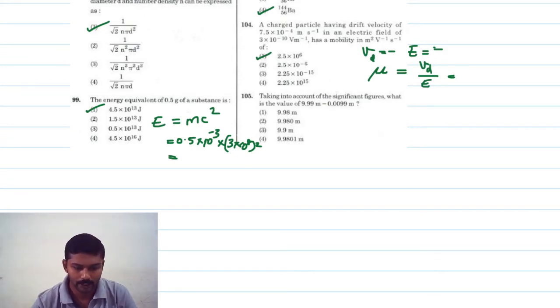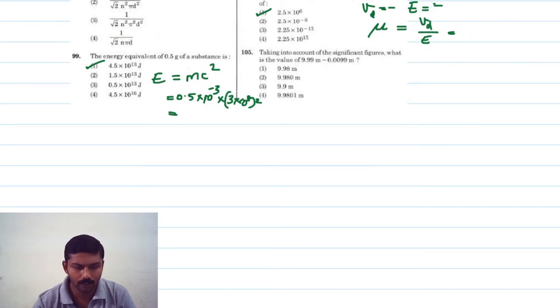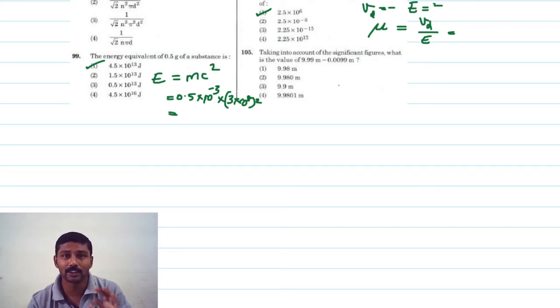Okay, so the next question. What is the total number of significant figures in the final value of 9.99 minus 0.0099? If you look at the two numbers, the number with the least significant digits is the second number, which has 2 only.